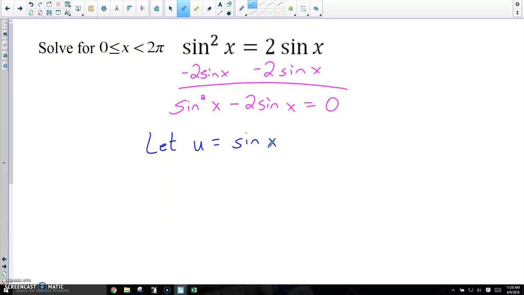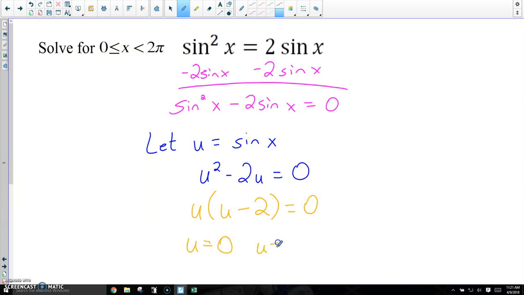So then I could rewrite this statement as u squared minus 2u equals 0. Now all of a sudden this looks like an Algebra 2 problem. In Algebra 2 we would factor out the GCF of a u, so that would become u times u minus 2 equals 0. So then solving, we get u equals 0 or u equals 2.